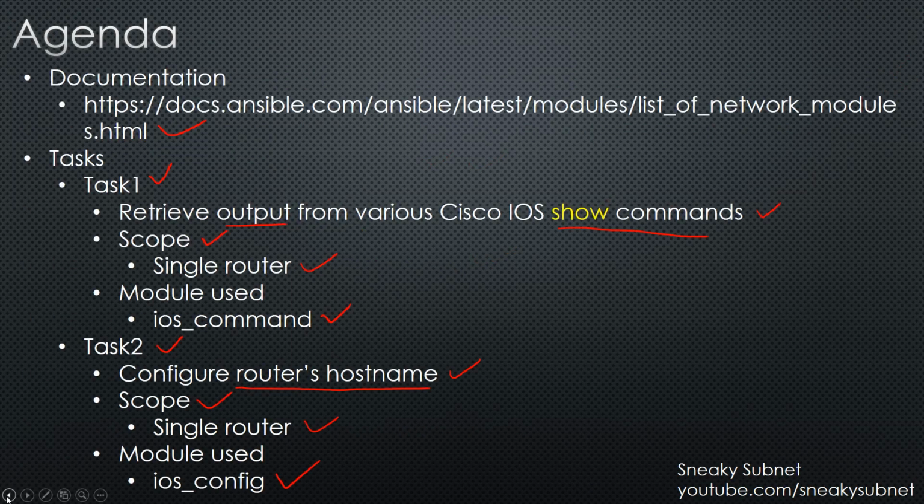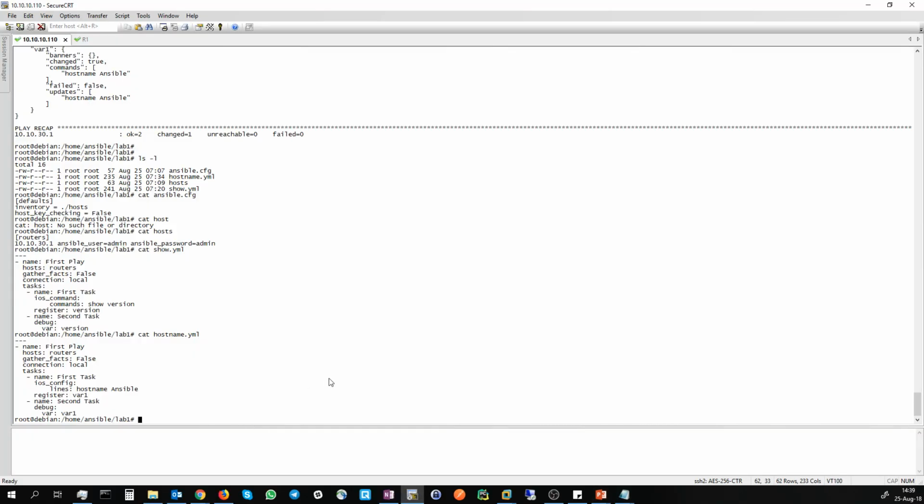Actually, in our slide we see that we wanted to retrieve output from various show commands. So let's try to output one more command. Let's again copy our show YAML to, for example, clock YAML.